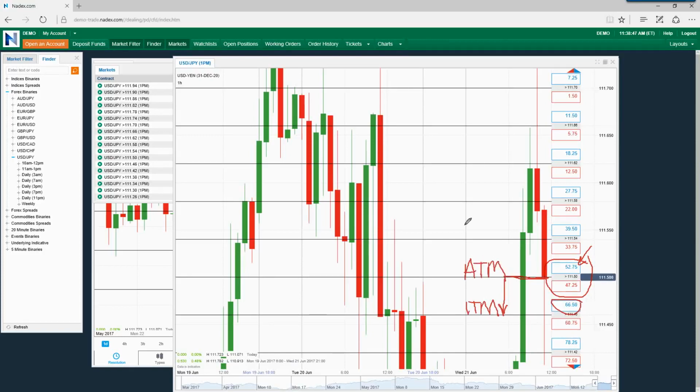And then your out of the money would be 1 full strike above it. So this is 1 full strike above. And notice that the risk on that one is 40.75. Does everybody understand that?